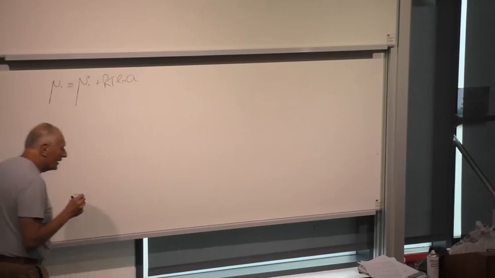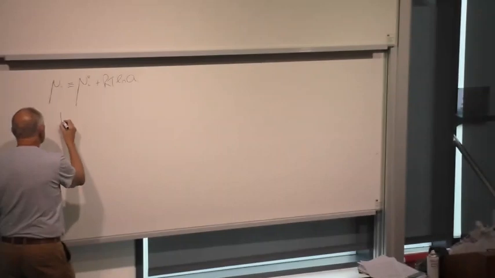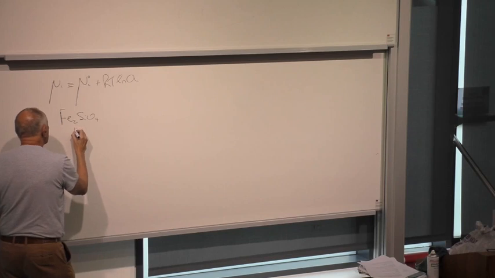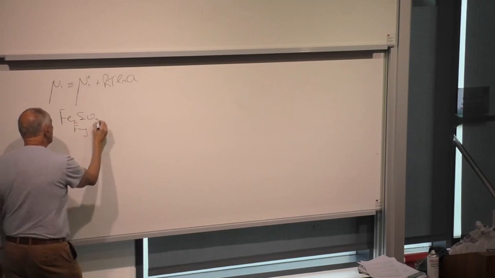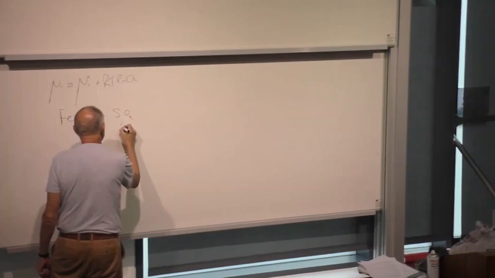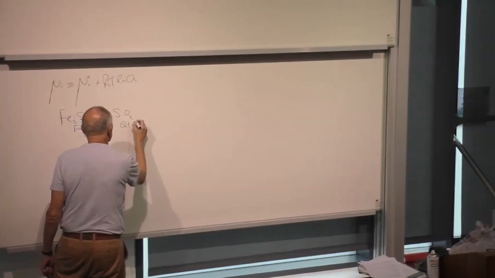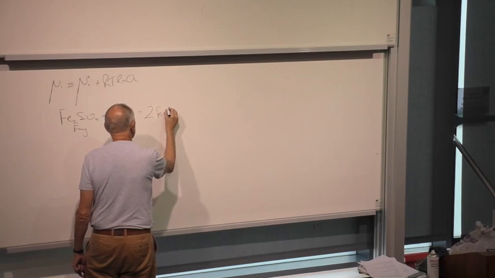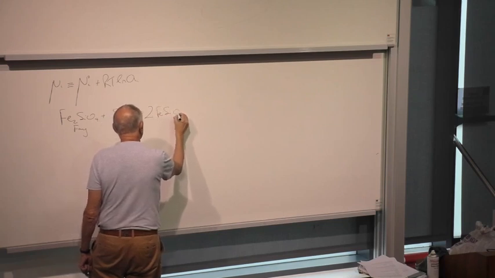And I gave you a couple of solid reactions to look at. One was this one, the fayalite plus quartz reaction that we've looked at several times already, which breaks down at high pressure to form orthopyroxene, ferrosilite.